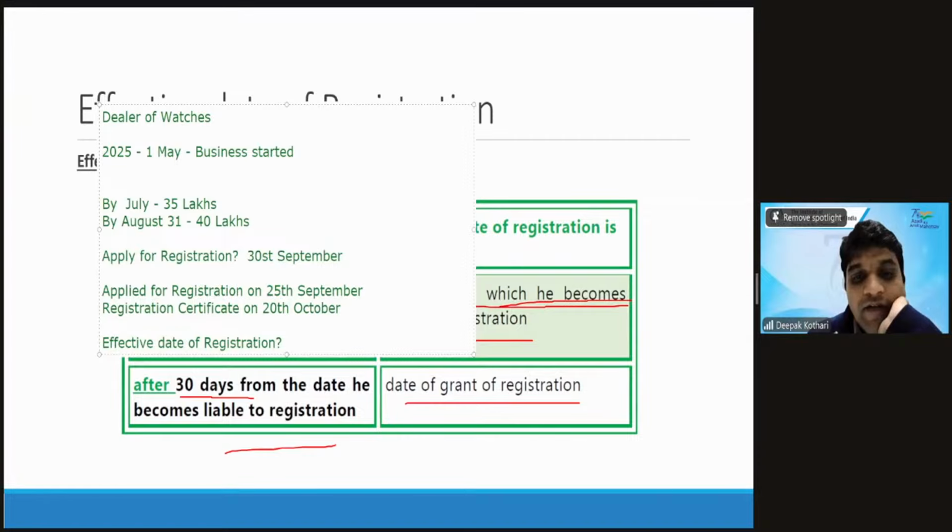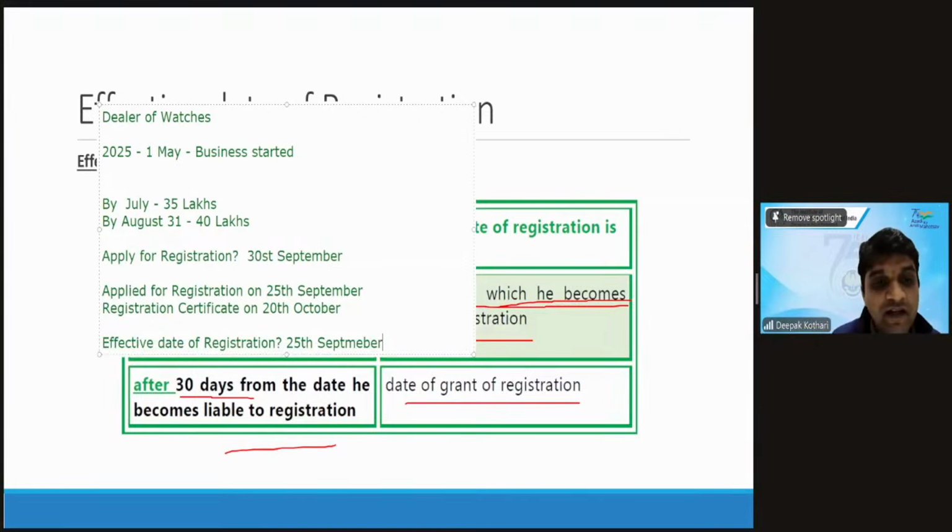No. I've applied for registration within 30 days. So my effective date of registration will be the date when I became due for registration. So I've applied on time. Even though I will get the registration certificate on 20th October, my effective date will be the date I crossed the threshold.